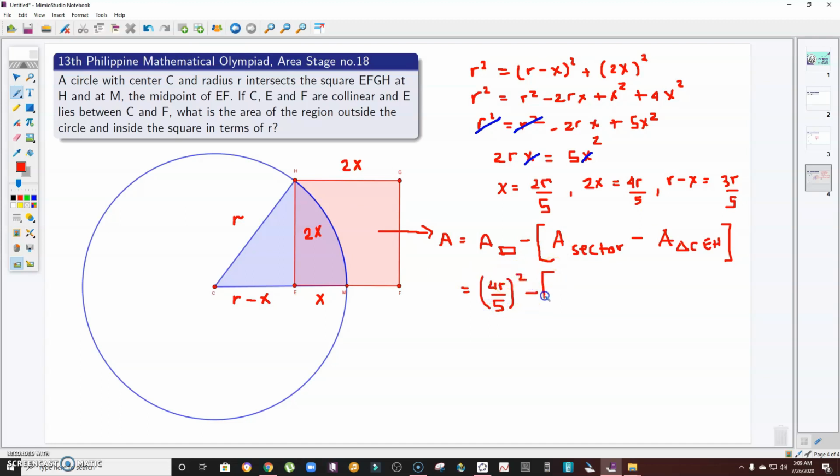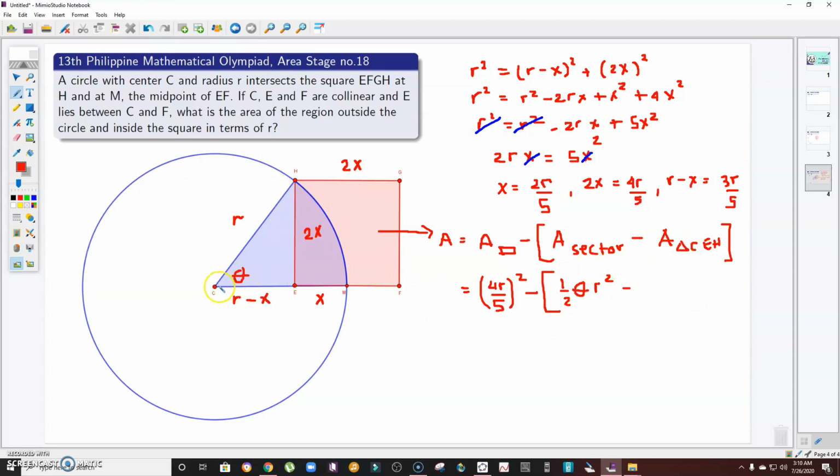Now note that the formula for the area of a sector is 1/2 theta r squared, where theta is in radians. By the way, this is my theta, the angle. Then we add the area of triangle CEH.